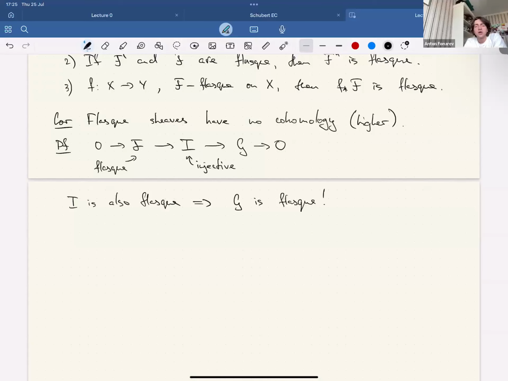All right. So now let's prove by induction that F has no cohomology. Well, consider the long exact sequence of cohomology.